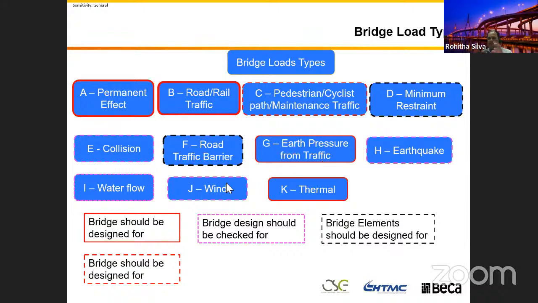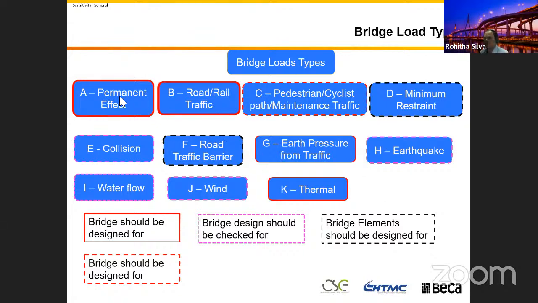And then when we design the bridge, we primarily design for the traffic load and the permanent load. Then we check for the others. That's how we design the bridges, because otherwise some people design the bridges for earthquake loading and check for the traffic loading. That's not the right approach.